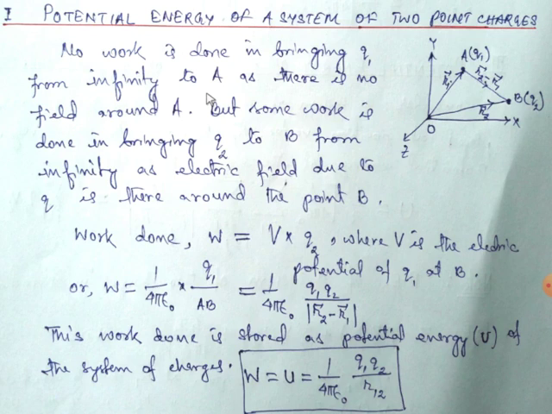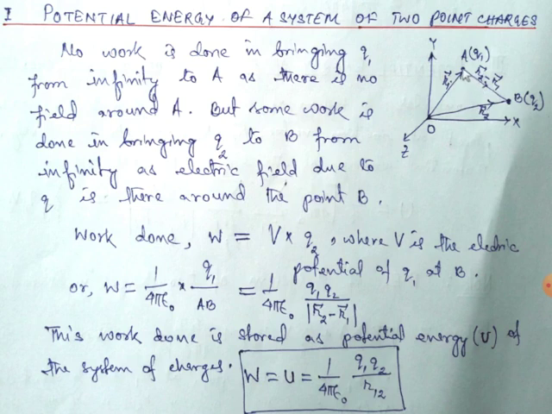So electric potential energy of a system of point charges is defined as the work done in bringing these charges in their respective locations from infinity to form the system. Suppose there are many charges here.